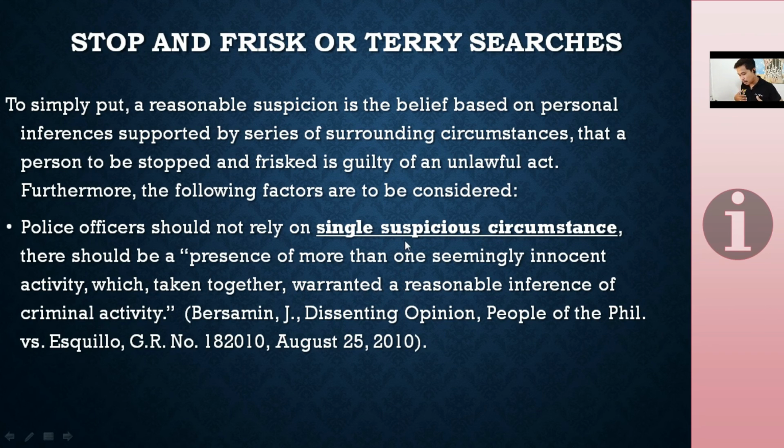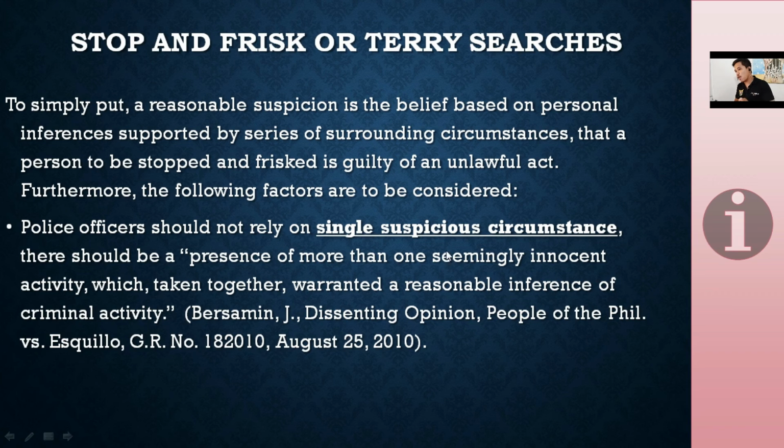Like as I have said a while ago, you have suspicion that the person was carrying a firearm, and then by observing the person, you happen to see by coincidence the muzzle of the firearm at the side waist of the person. That's already a probable cause for you to conduct a stop and frisk or Terry search.